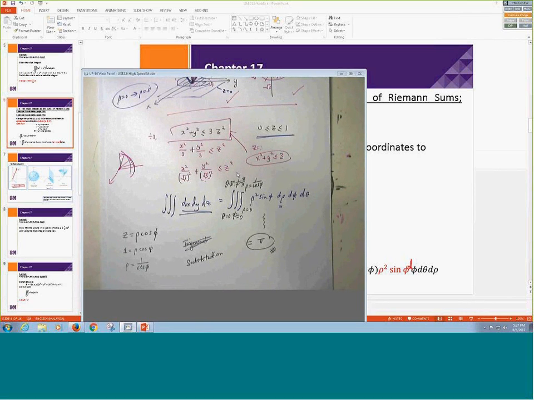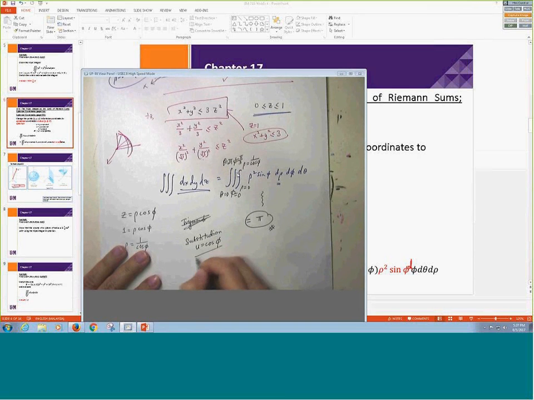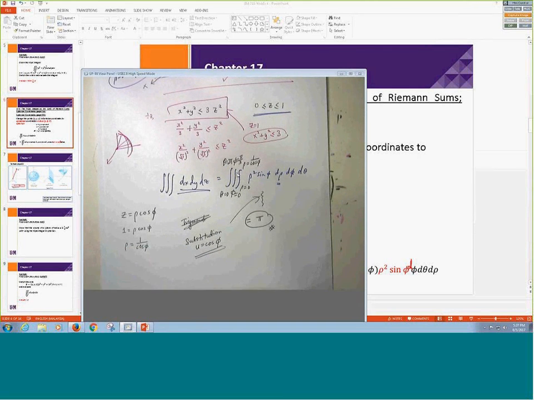You are going to use the substitution u equals cos phi to solve the integration. So this is the spherical coordinates.